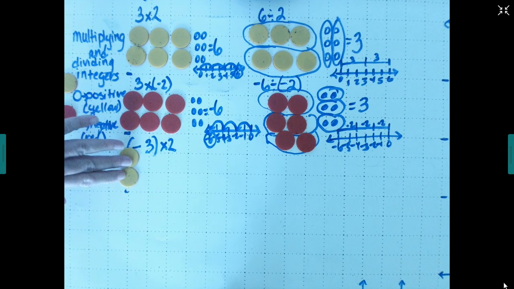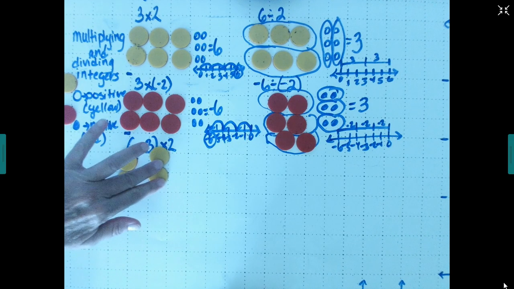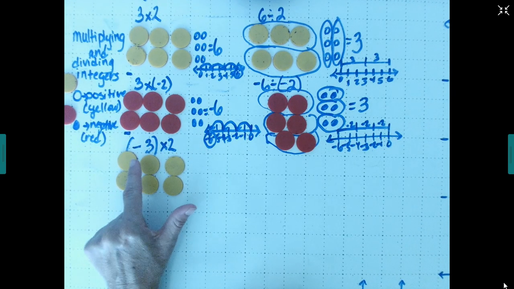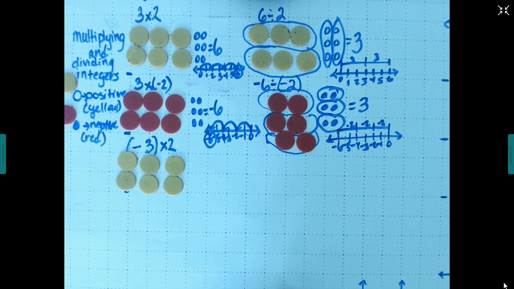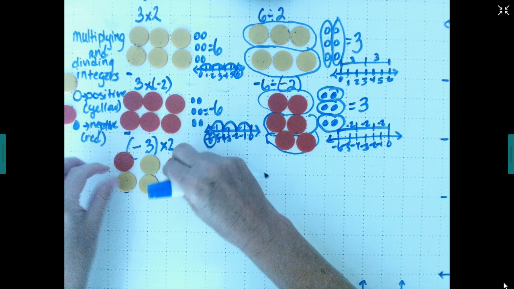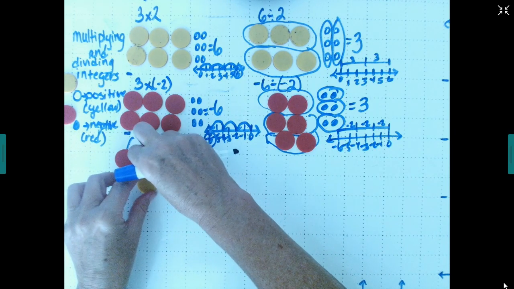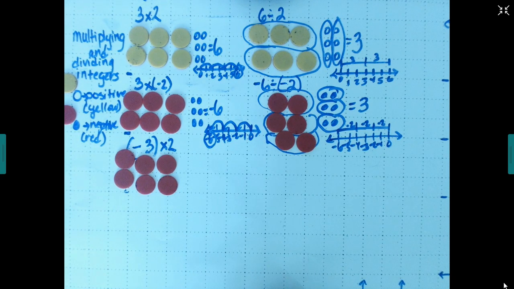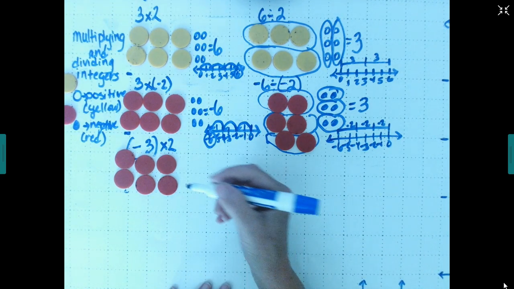Here's 1 group, 2 groups, 3 groups. But this negative right there says we want the opposite of that. Well, what's the opposite of a positive? It's a negative. So I'm going to find the opposite of each of those, and we end up with negative 6.